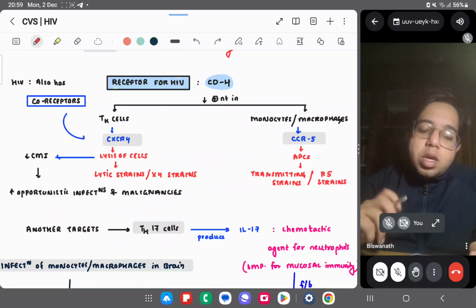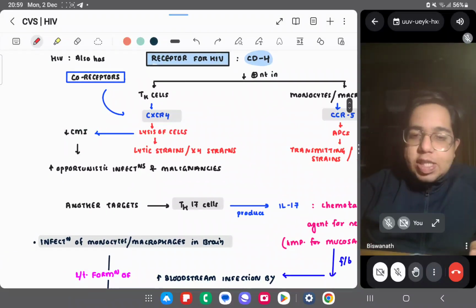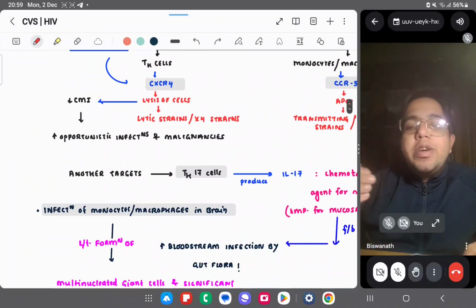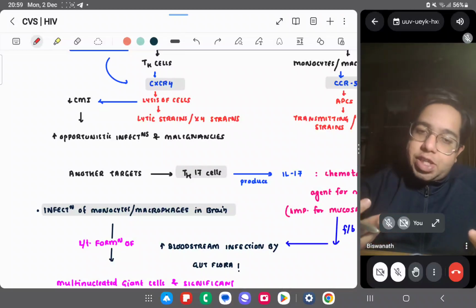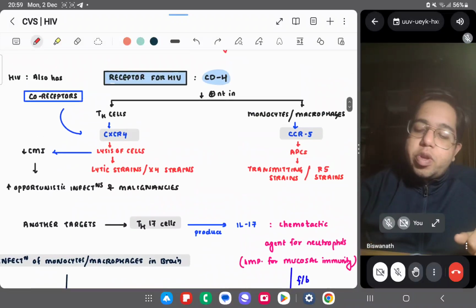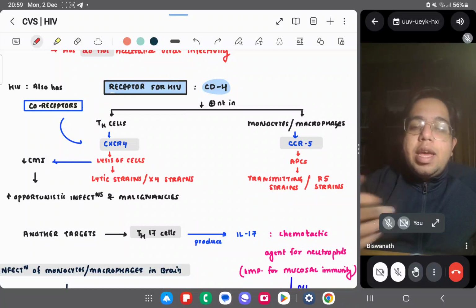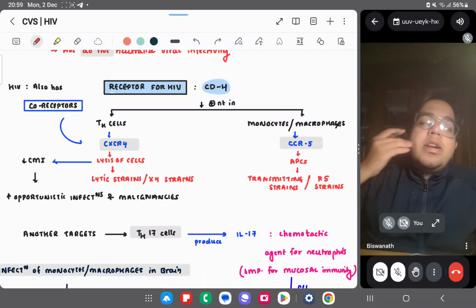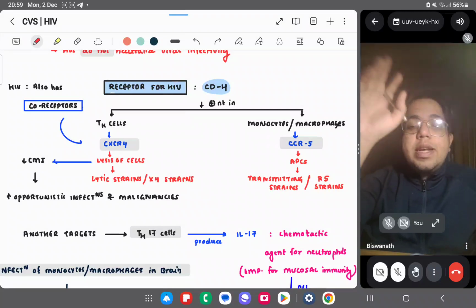Whenever there is lysis of the TH cells, cell-mediated immunity will obviously go down, and then there will be increased opportunistic infections and malignancies, right? And here, the monocyte and macrophage are basically acting as a factory. Even if the products are formed, do you think the factory will be destroyed? No, the factory goes on. It will be normal. It doesn't kill any monocyte or macrophage. T helper cells are killed in high numbers.